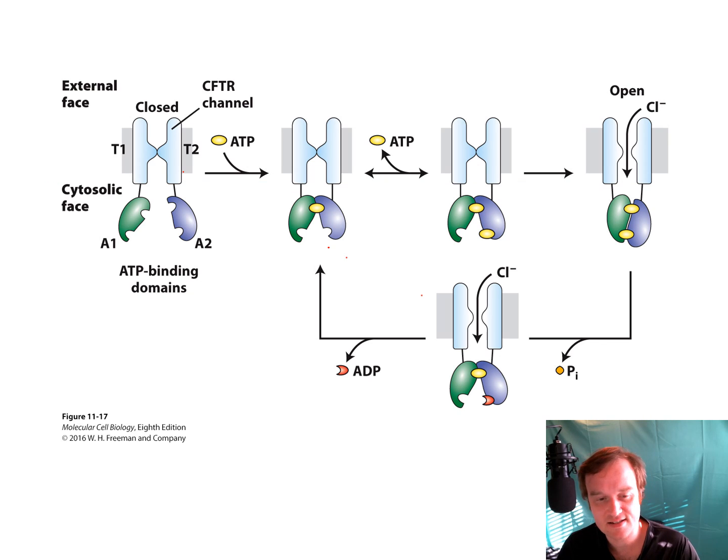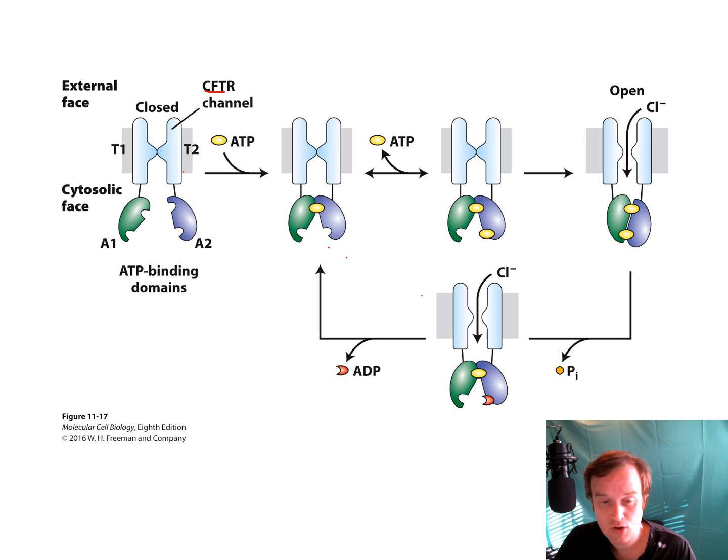So let's look at this cystic fibrosis example that we had. There is an ABC protein called cystic fibrosis transmembrane regulator, CFTR, as you can see labeled up here. And this is a chlorine pump that moves or allows the passage of chlorine from the external side of the cell into the cytosol.